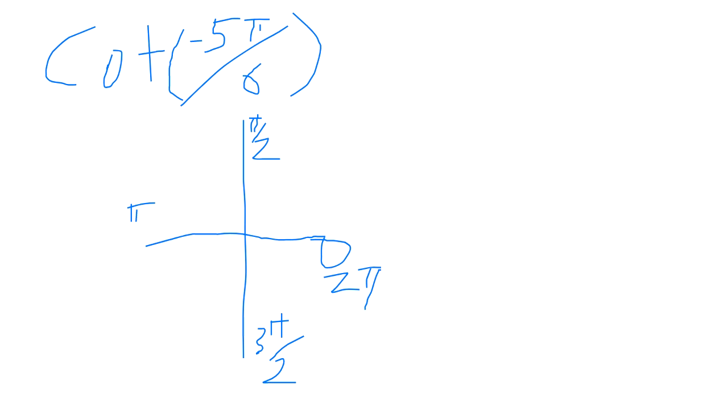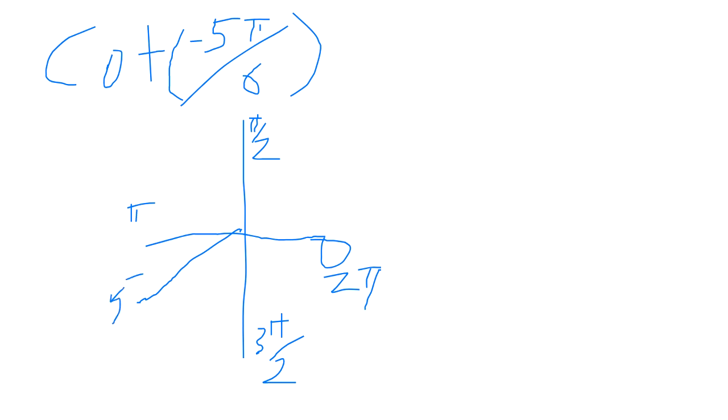So negative 5 pi over 6, if you are not mistaken, will be negative 150 degrees. Here is 90, here is 180. So it is going to be somewhere here. Am I correct? Yes, sir.